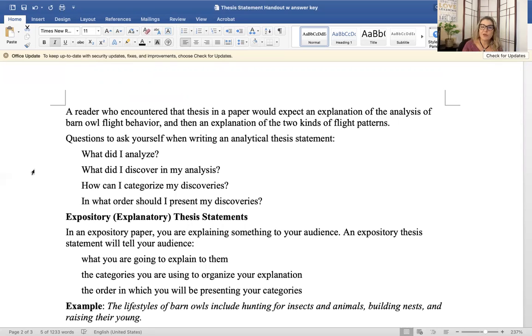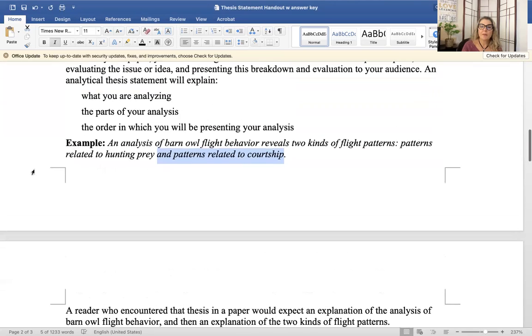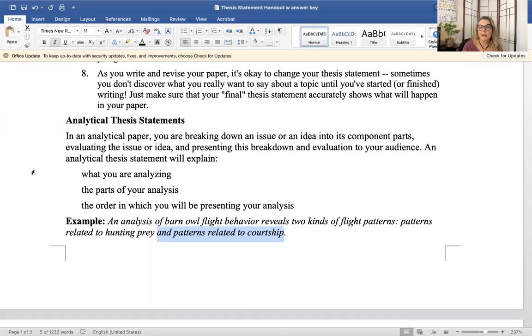Now, even though I said you may not write an analytical essay in English, you could come across this kind of essay in another class. Let's say I see the word behaviors here. Let's say you're taking psychology and you're analyzing behaviors in young mothers or something. In that case, this would be the kind of thesis statement for that paper.